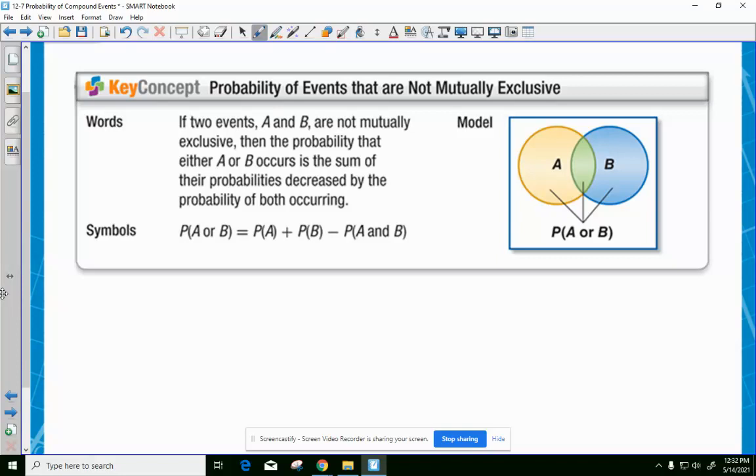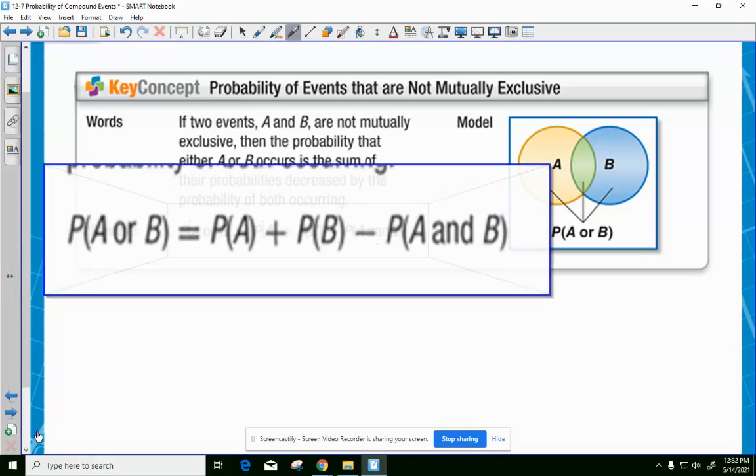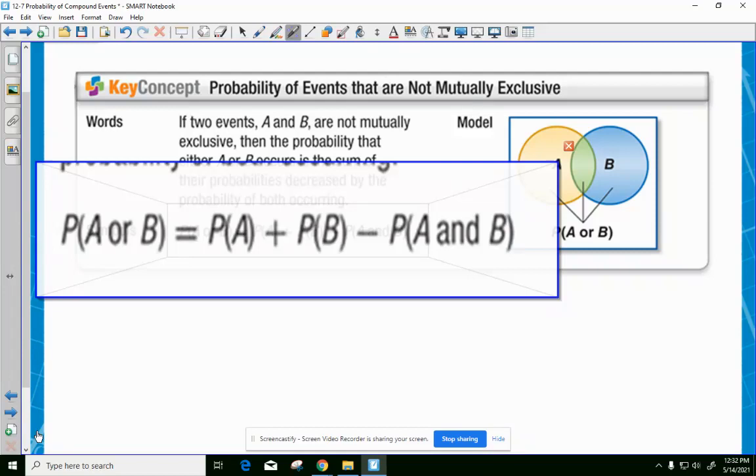So that's what this last part down here is saying. Right here, you've got to minus anybody that would have got hit twice because you've double counted them.